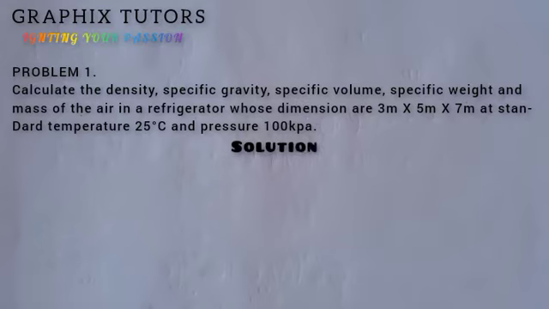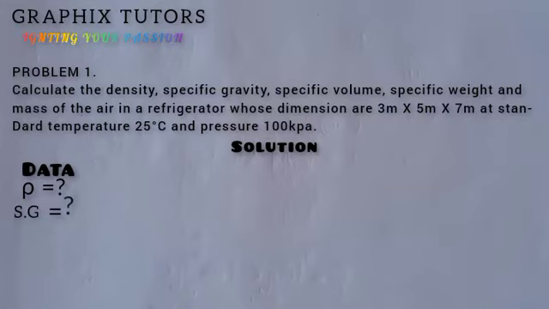Now, solution. If you see a question like this, I usually tell my students that the first thing you have to do is to write out your data, or you call it the parameters, or the givens. Since it says calculate the density, it means the density is unknown, right? The specific gravity is also unknown.